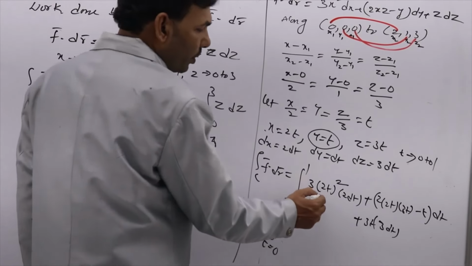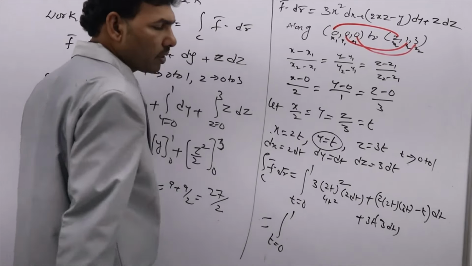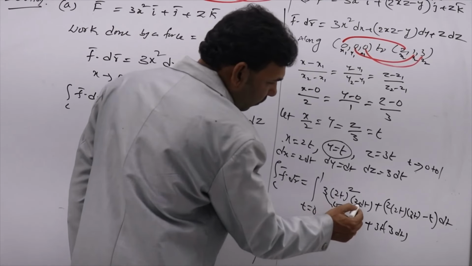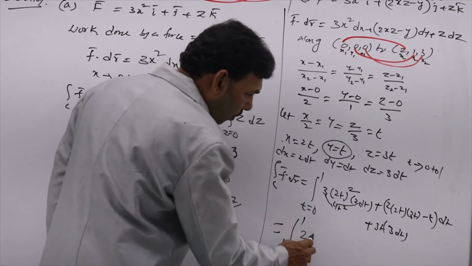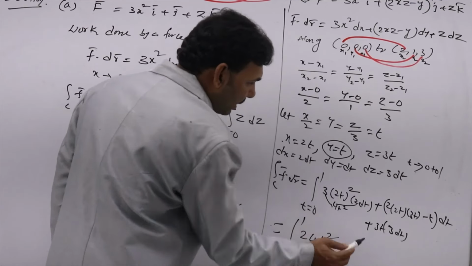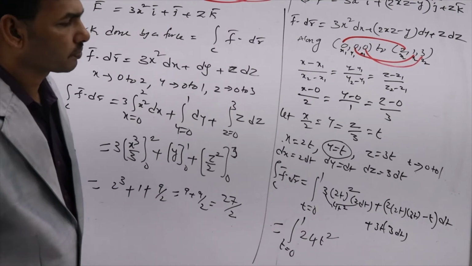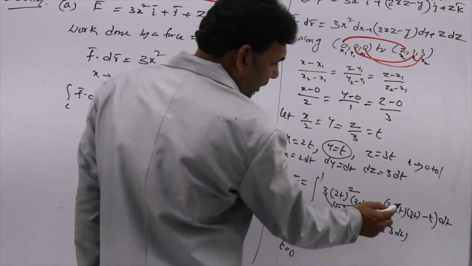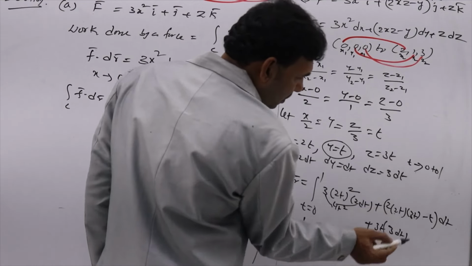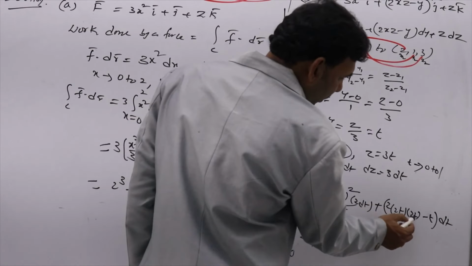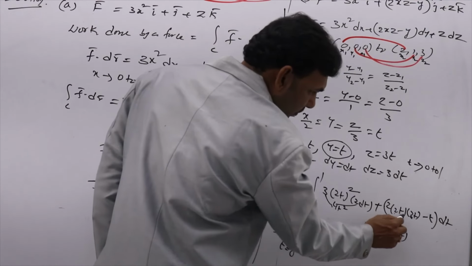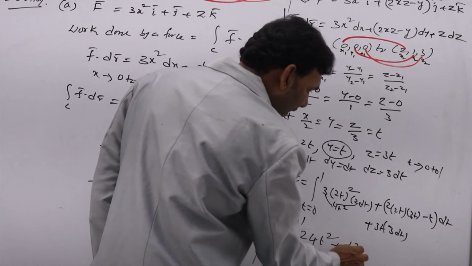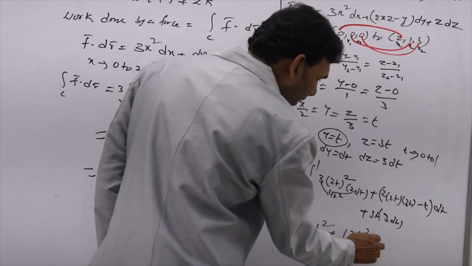See here 2t whole square is 4t square, 3 4s are 12, 12 2s are 24 t square. Coming to here, 2 2s are 4, 4 3s are 12, t square minus t.